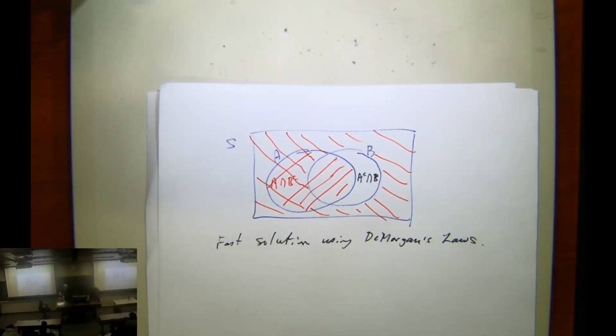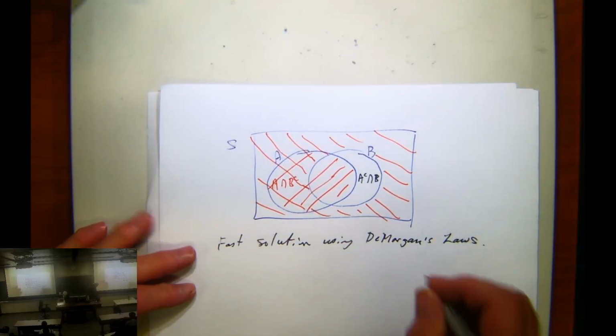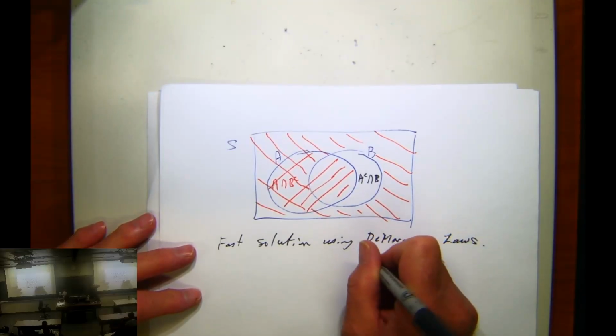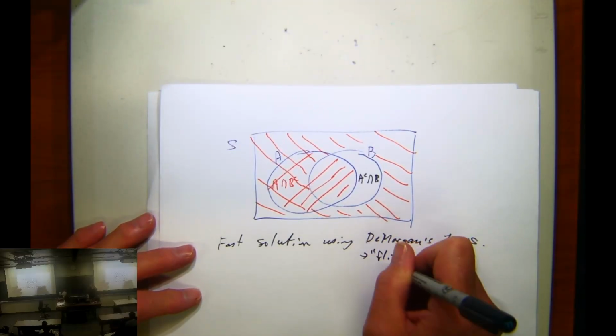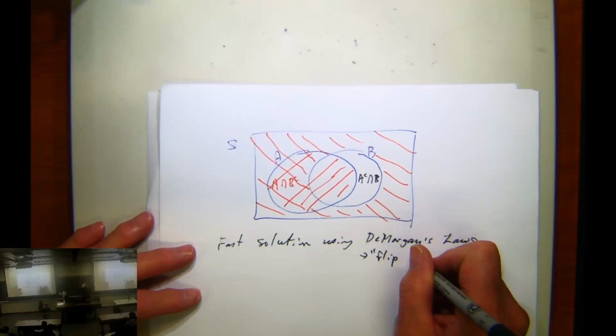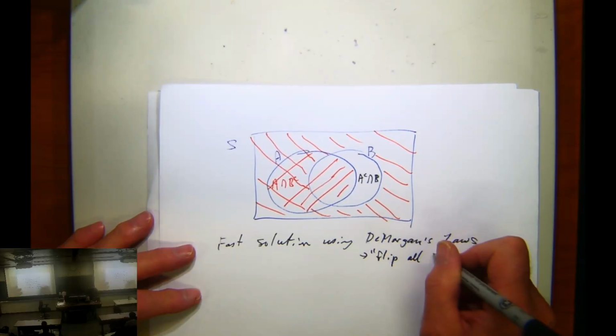There's a formal way of stating De Morgan's laws, but I'm not going to give you the formal way. I'm going to give you a solution that is incredibly efficient and easy to remember. What this says is: flip 4 boxes, all 4 boxes.